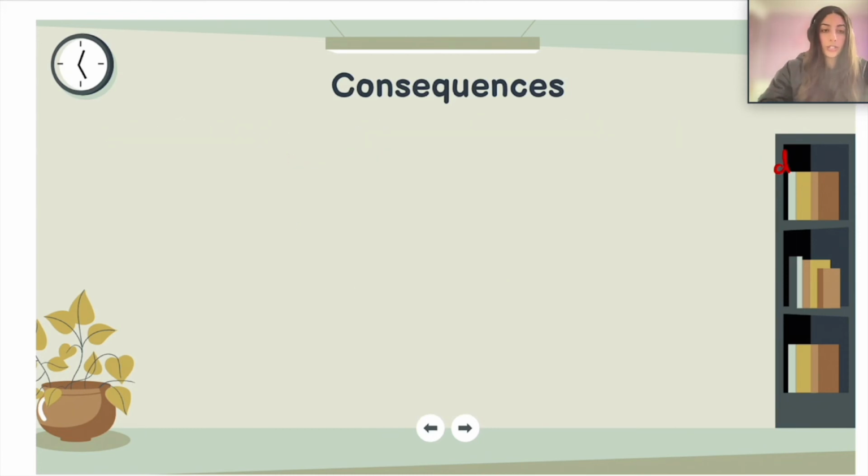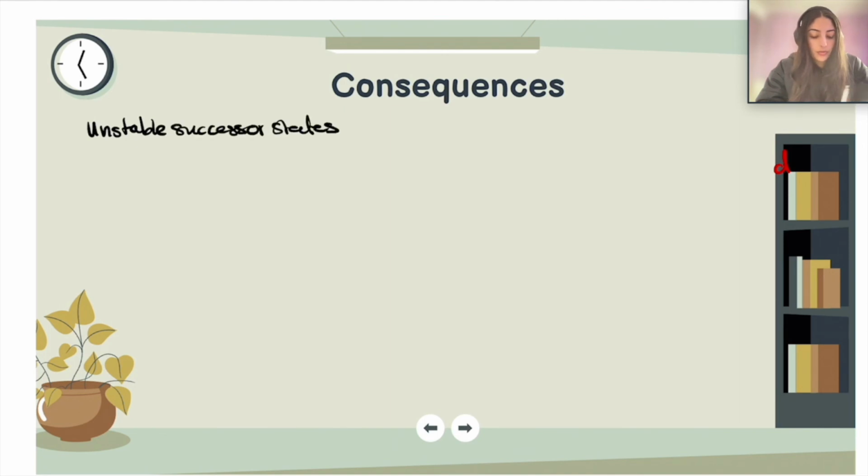Looking at consequences more nationally within Europe, there was the problem of unstable successor states. So what does this mean exactly?